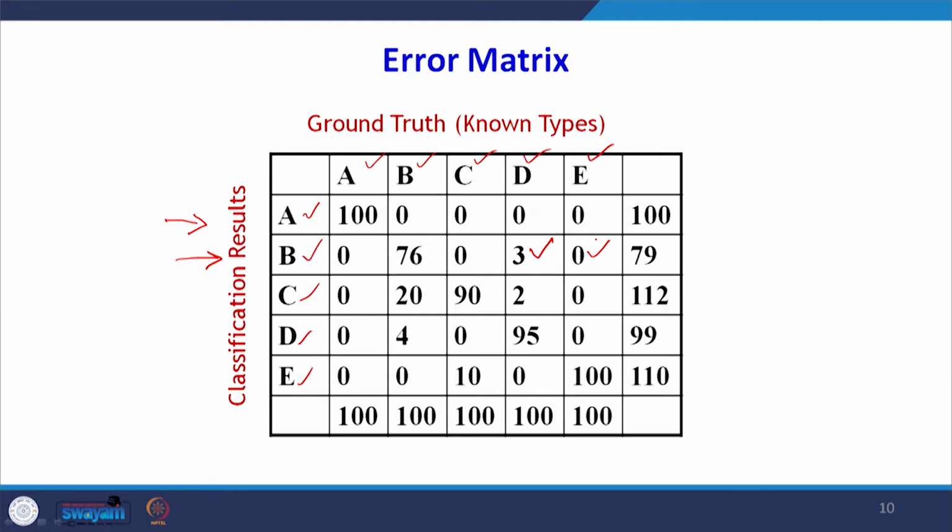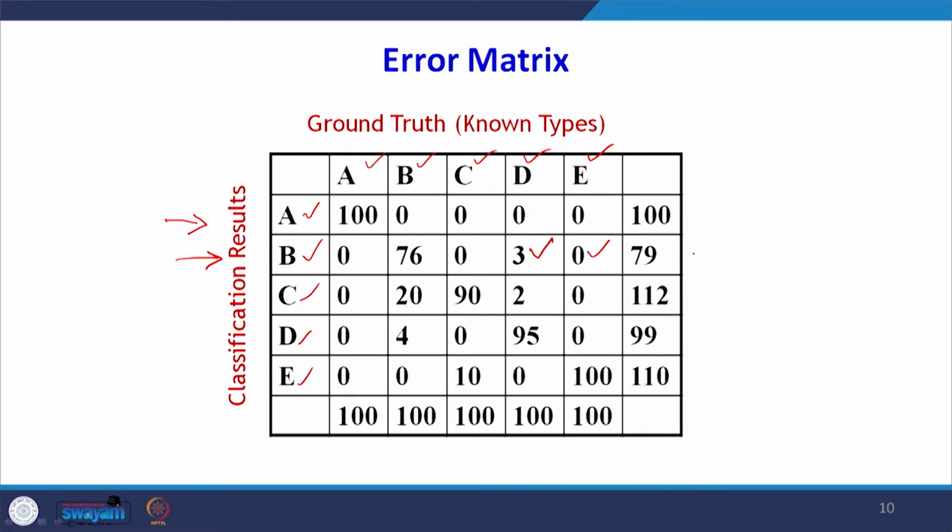You have the total number of pixels in the classification maps, and you have the total number of pixels in the ground truth reference data. So, you can create this kind of matrix, and the last column says the total. You just carry out the total number of pixels.